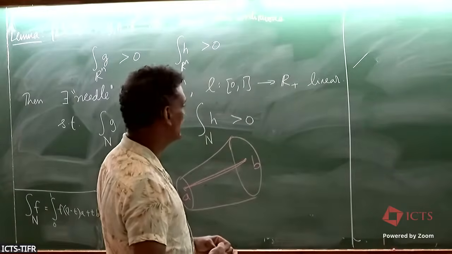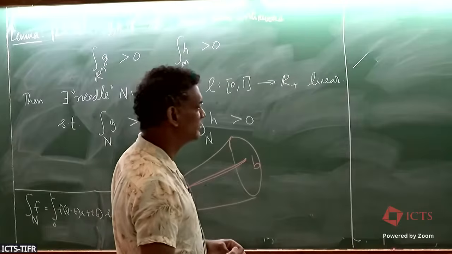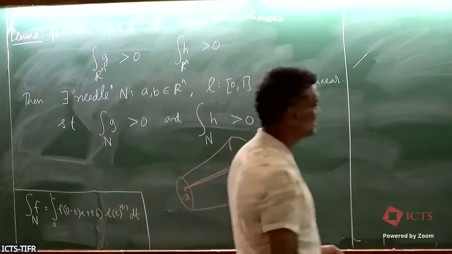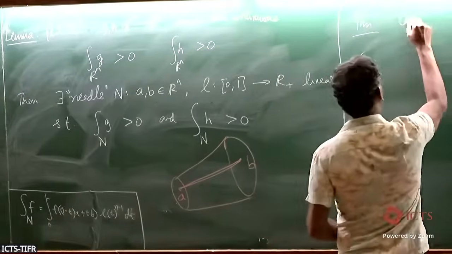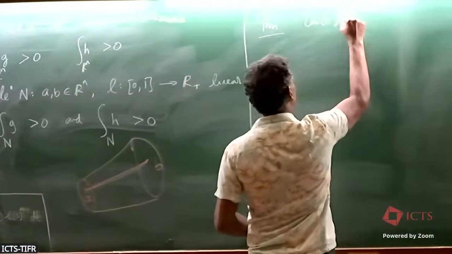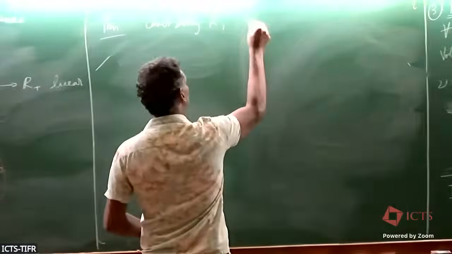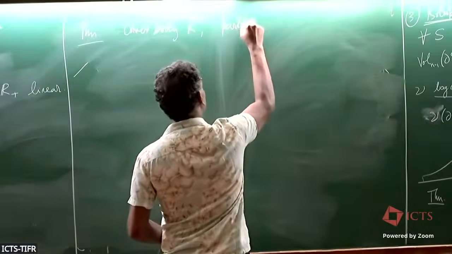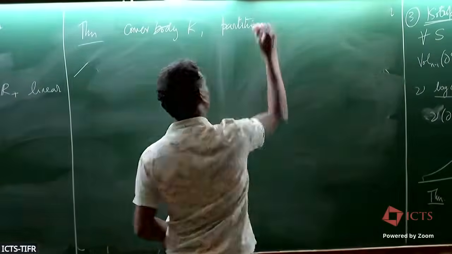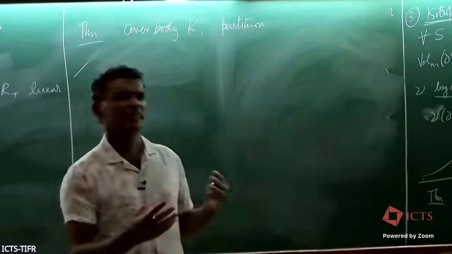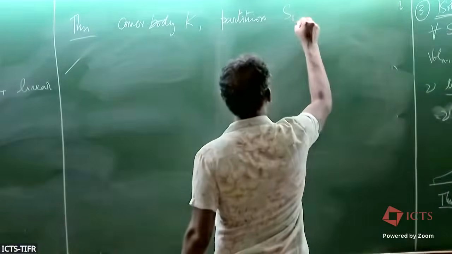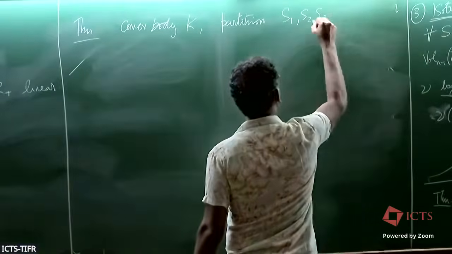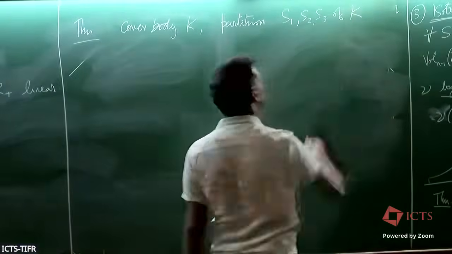And now let's go to the theorem I want to prove, which is the following, and then I can erase that. Theorem: I have a convex body K and a partition. I'll formulate it in a way in which I don't have to deal with lower dimensional volumes. Partition S1, S2, S3 of K into measurable sets.